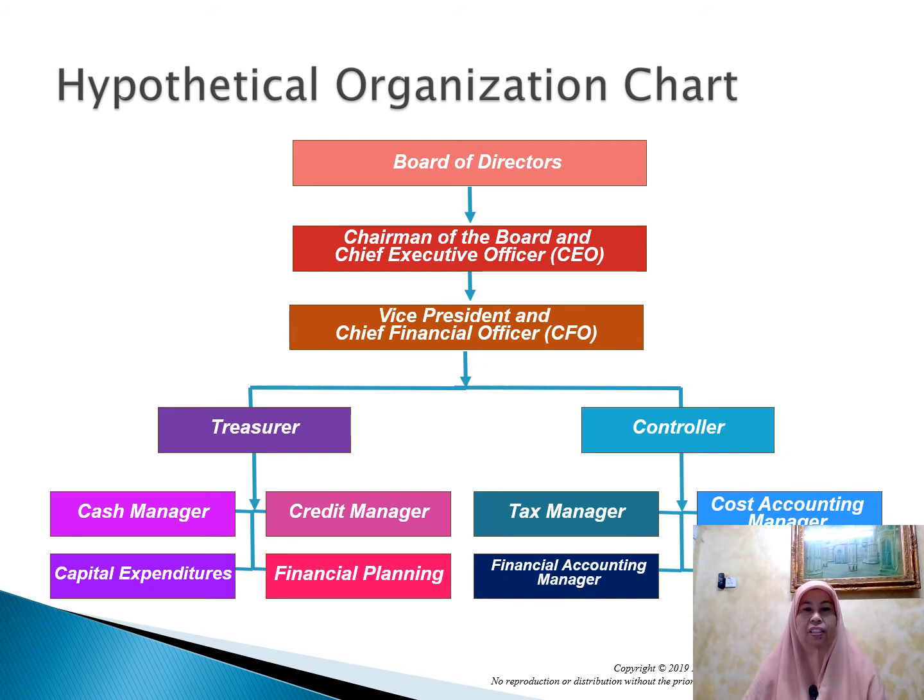Under these key people, they will again appoint some employees to assist them, that is the managerial level, the managers. Then the managers will be assisted by the executive and the clerical levels.